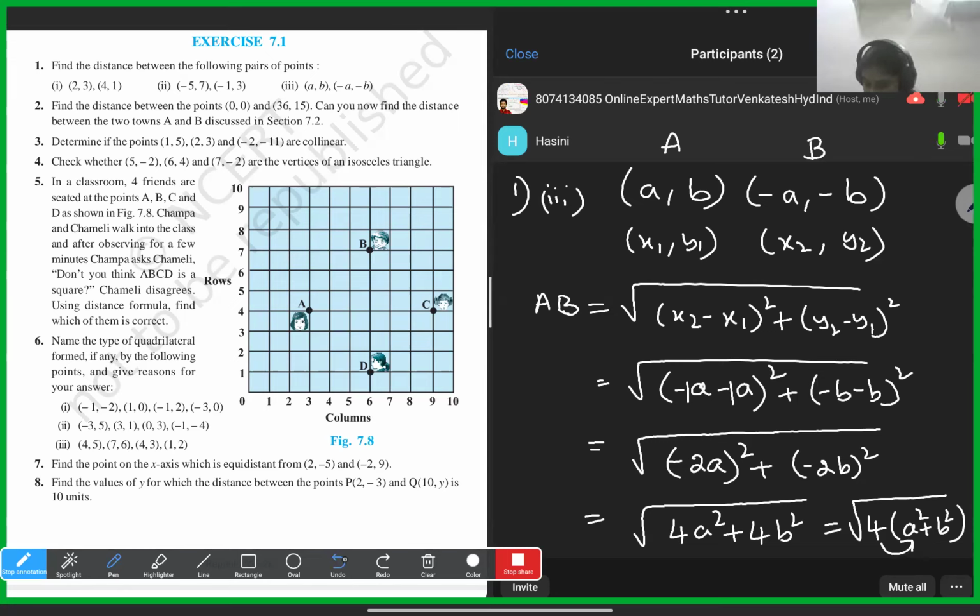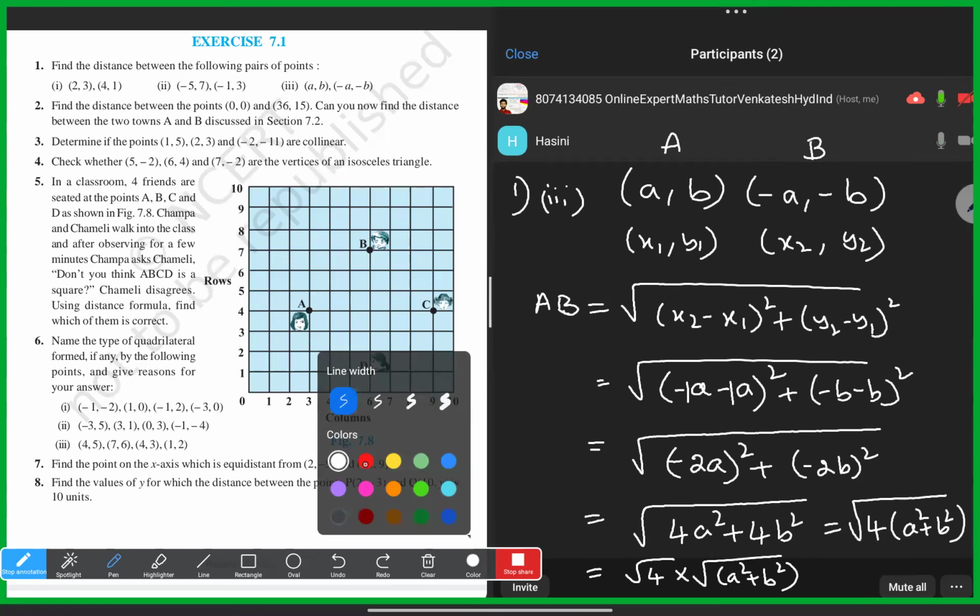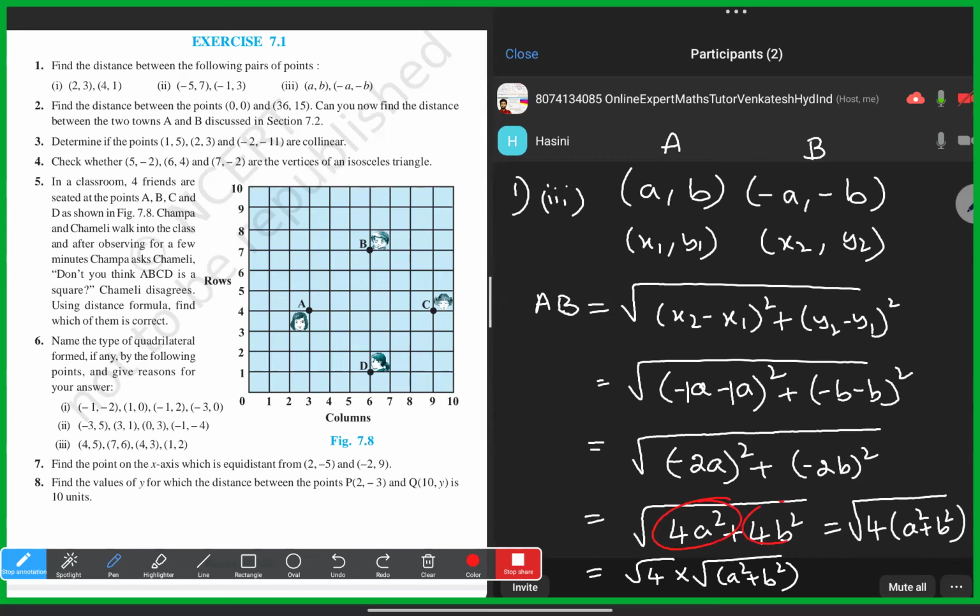Okay, sir. Now the square root of 4: whenever you have multiplication inside the root, we can apply the square root separately for them. So this will become square root of 4 into square root of a square plus b square. Okay, Hasni? Okay, sir. In this step we cannot apply it directly, because in between there is addition. Okay, sir.